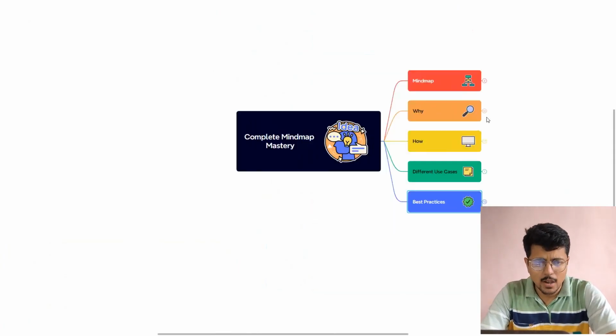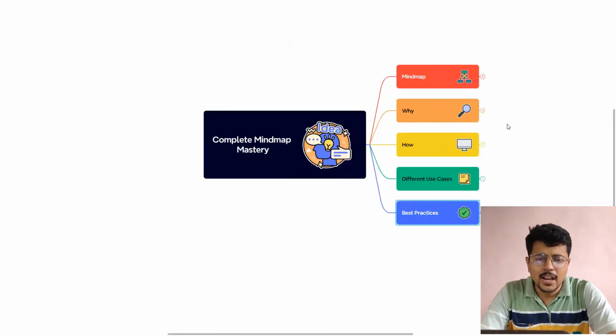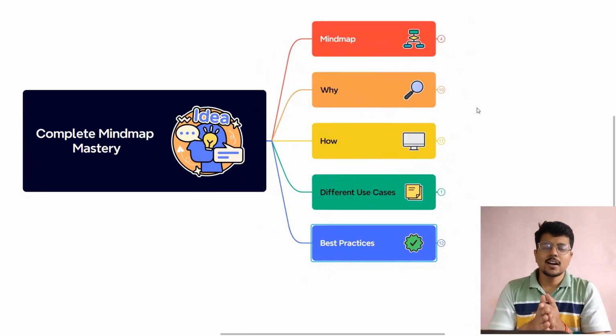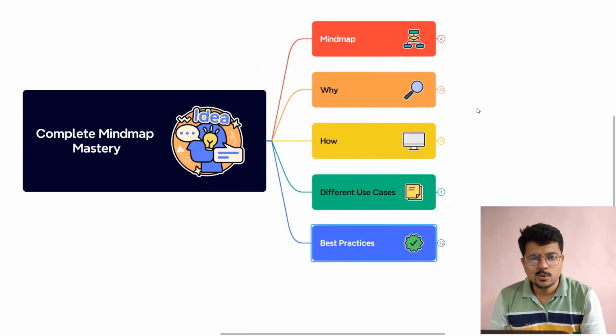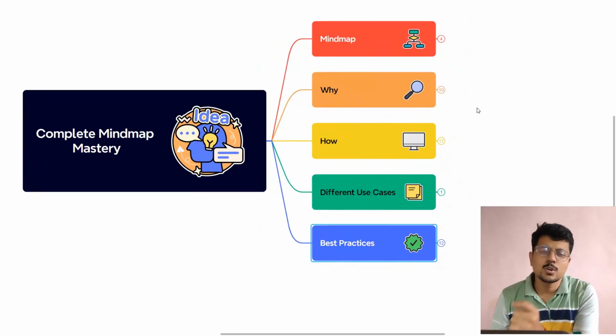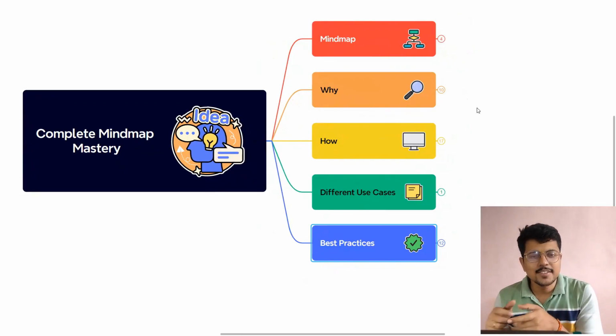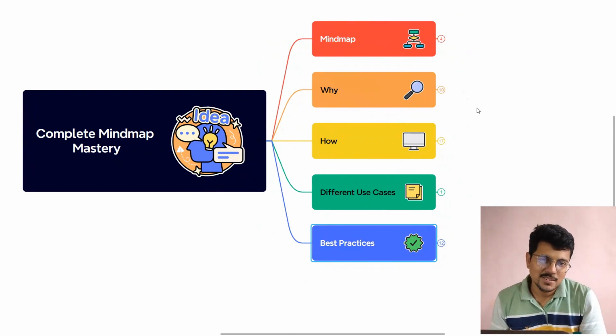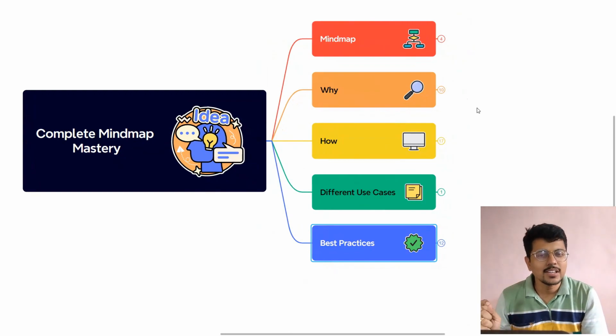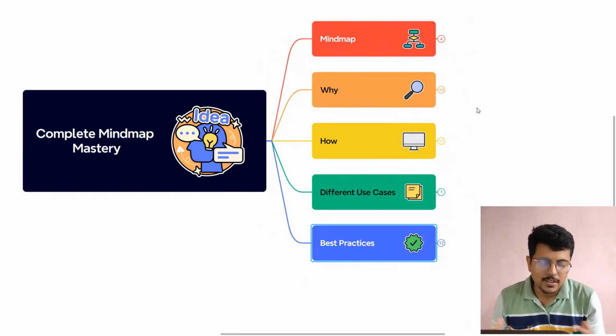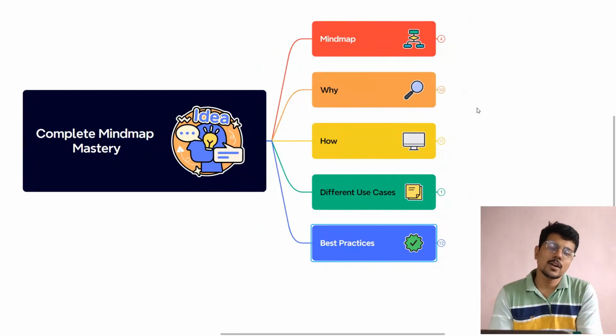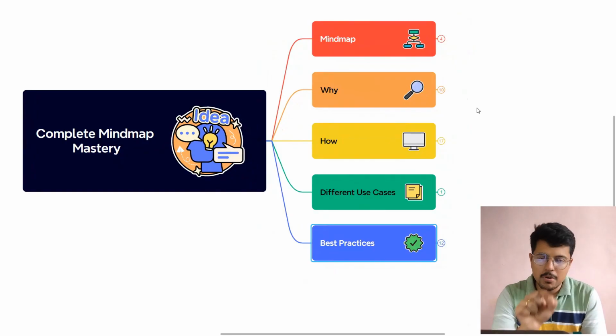I hope now it is clear for you. Before starting the session, I'll again request you to write down why you want to learn this mind map. You will find a question in the description below. Please answer why you want to learn. If you have clarity on why you are learning it, there might be different reasons, and that's absolutely okay. But what is your personal reason?